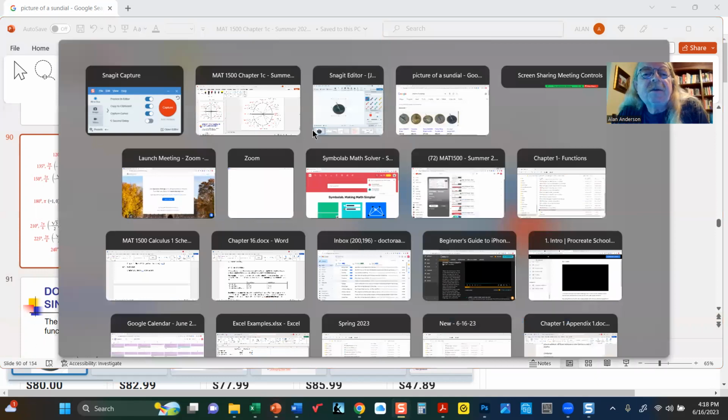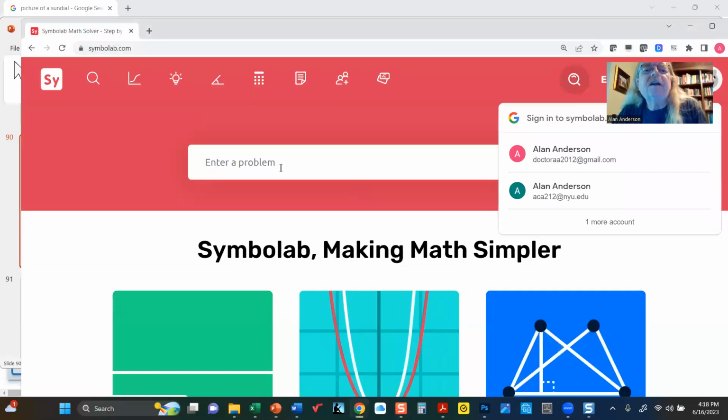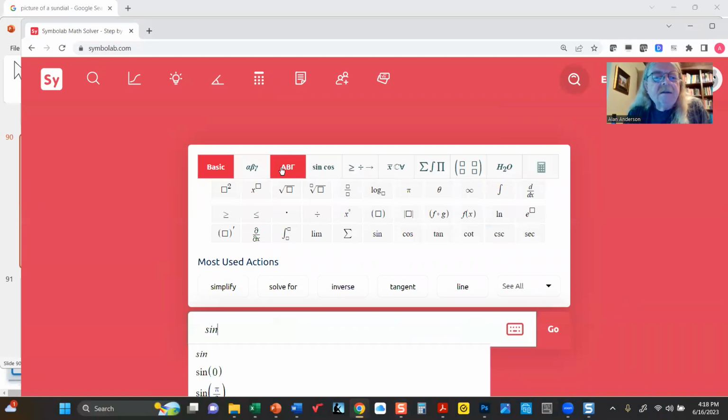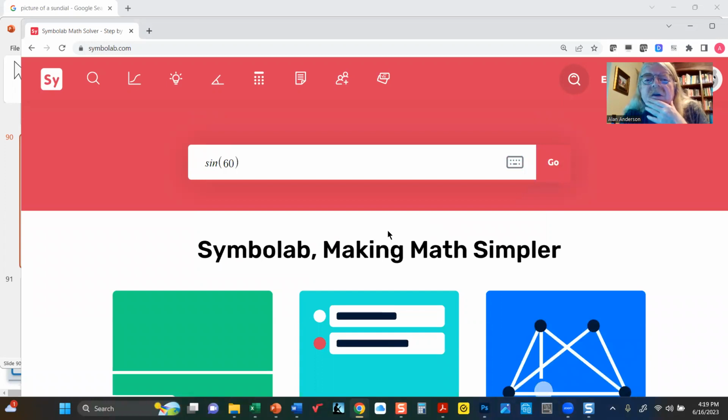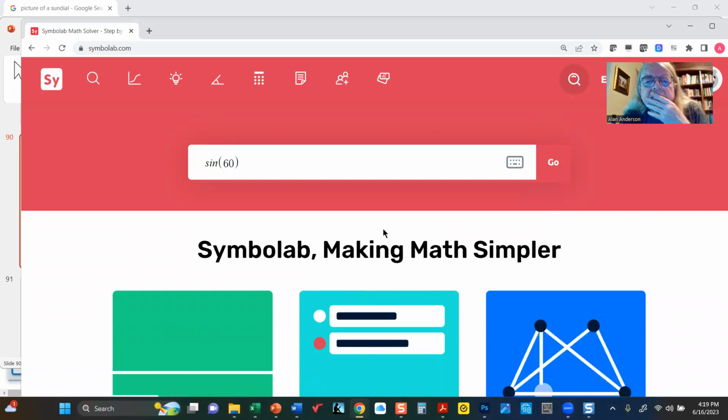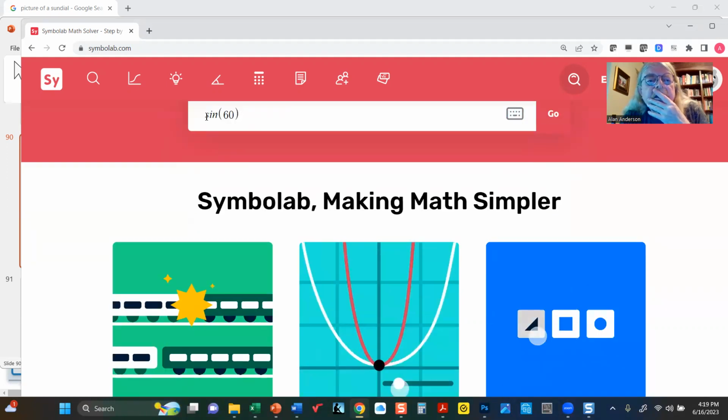In fact, let's ask Symbolab for the sine of 60. I don't know how it's going to react. I guess if you just say 60, it'll assume you mean degrees. Oh, you know what?